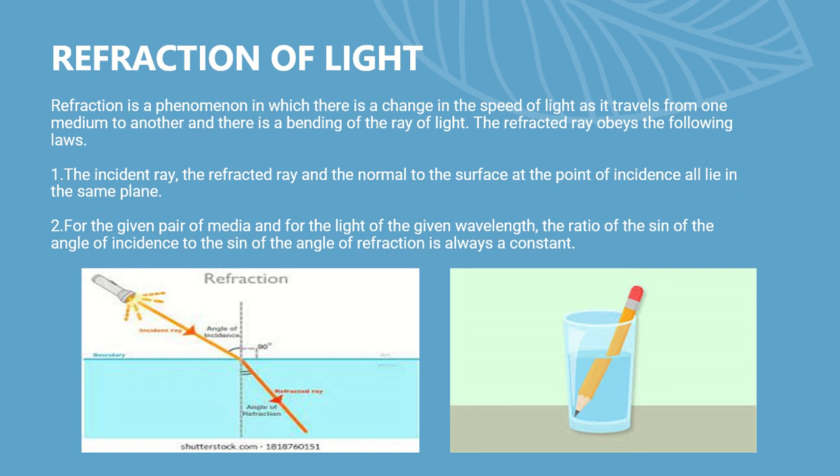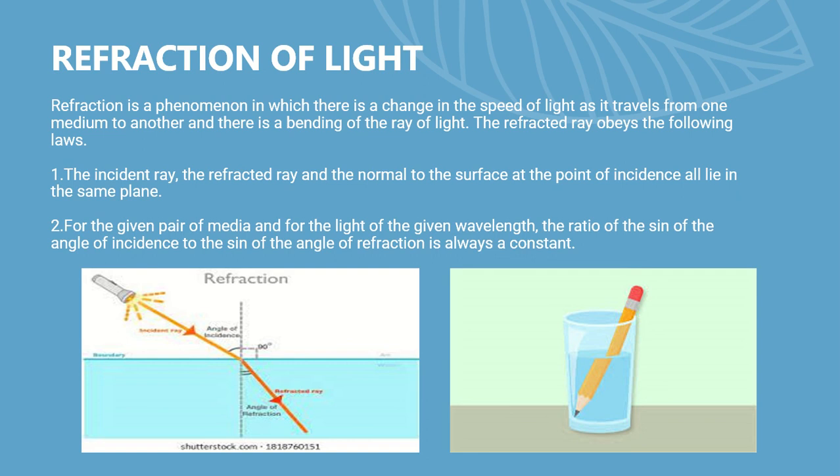This phenomena is known as refraction. Here there is a change in the speed of light. The light travels from one medium to another medium, hence there is a bending of ray of light. In the second image, you can observe that a pencil is seen as bent. Why? Because this is due to the reason of refraction.